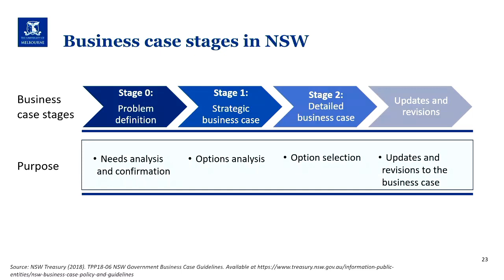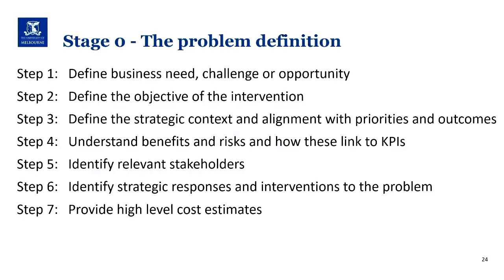So this is stage 1 and stage 2 of the business case. And then let's go through the process that the government of New South Wales is asking to develop a business case, right? So here we have stage 0. This is the problem definition. And as you can see, it's really similar to what we were talking about last lecture.